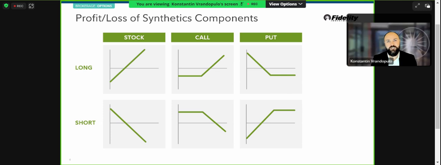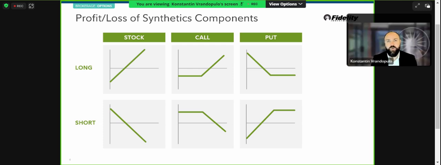So if you're a buyer of a call, the seller of a call has the exact opposite P&L diagram of yours, and vice versa. So again, truly, if you understand any three of these things, regardless of long or short, if that comes naturally to you, right?